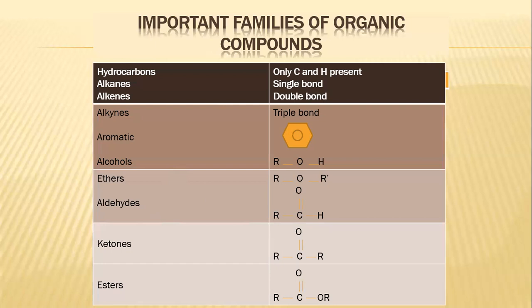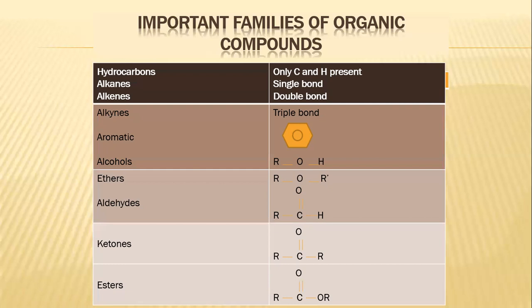These are compounds having the C double bond O group, which is a carbonyl group. If these carbonyl groups are present, you can classify them into two types, aldehydes and ketones.